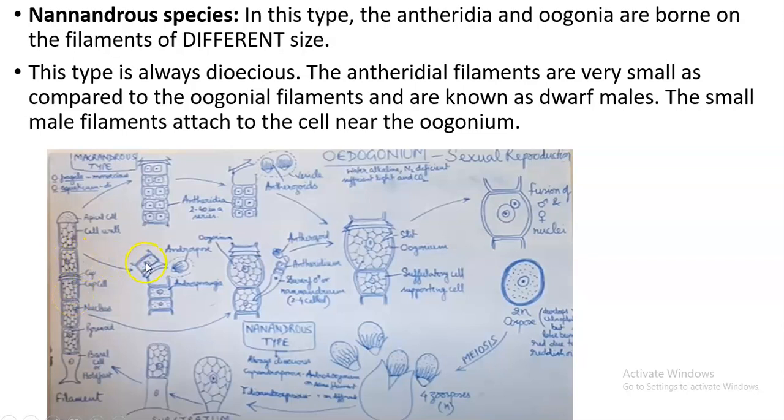From this, one of the cells will be modifying into androsporangia, and from this androspores will be released and it will go to meet the oogonium on a different thallus. The oogonium is in a different thallus and the androspore will attach to a nearby cell of the oogonium and form a new male filament, which will be bearing the antheridia at the top. So this is the case of Nannandrous species. For it to operate, one thallus should produce androspores and another thallus should produce oogonium. So this is the case of Nannandrous species.